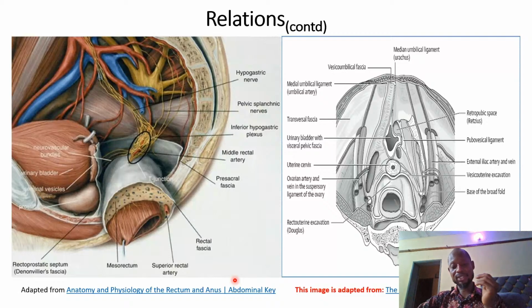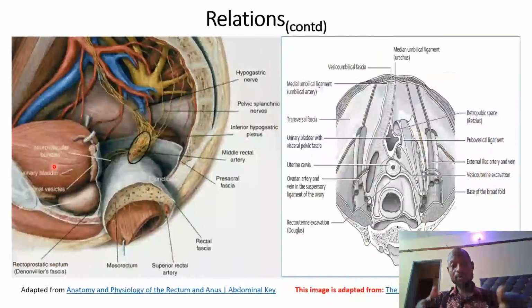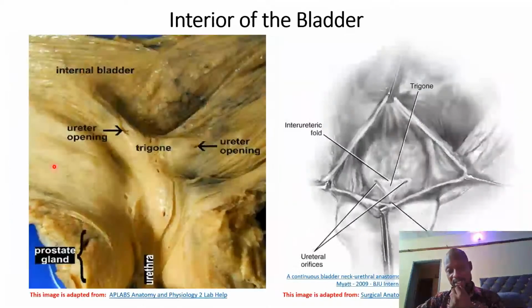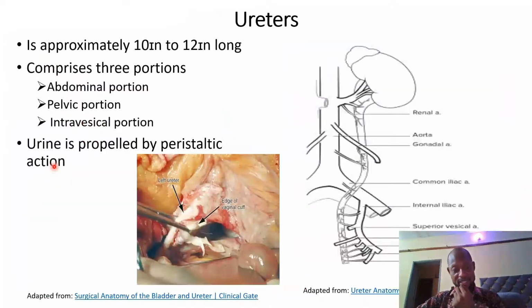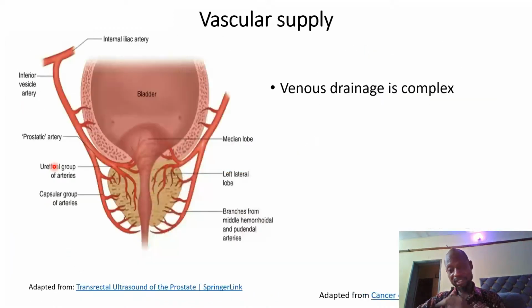As for the infralateral surface, just as you can see here, you see it sloping downward. Can you see it sloping downward? On both sides they will meet at the neck of the bladder. Let me look for a clear image here. Let me take this one for instance.